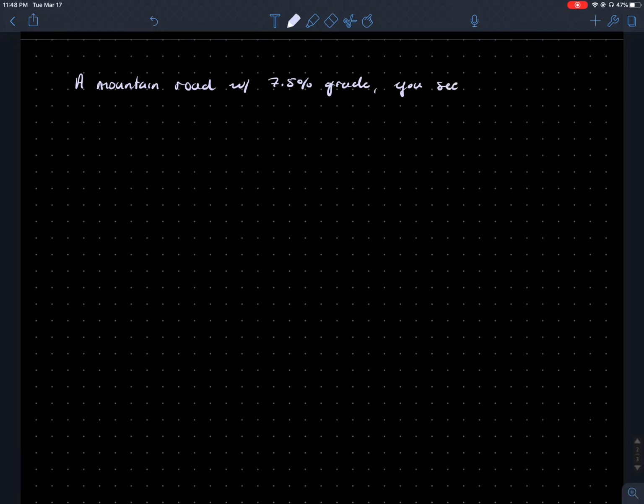You see a tall tree standing perfectly perpendicular along the road.